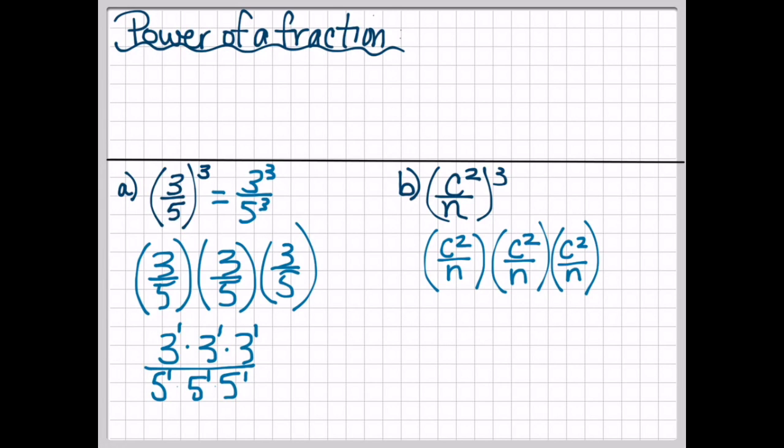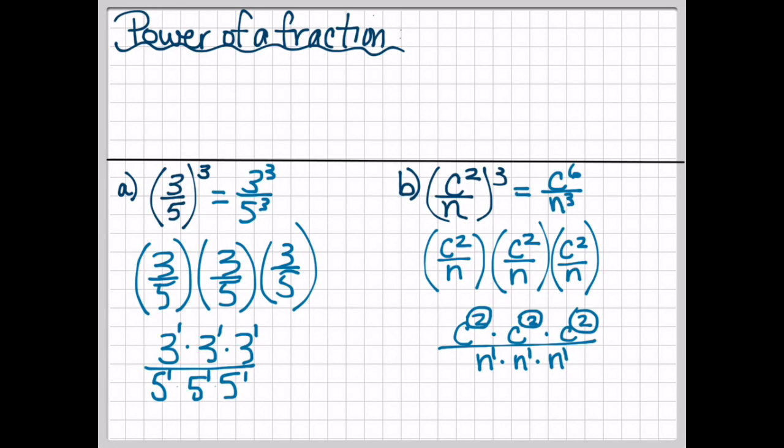We can regroup the numerator, C squared times C squared times C squared, over the denominator, n times n times n. So again, the same way we did before, we're going to add our powers. So it would be 2 plus 2 plus 2 on the top would give me c to the 6th over 1 plus 1 plus 1 on the bottom would give me n to the third.